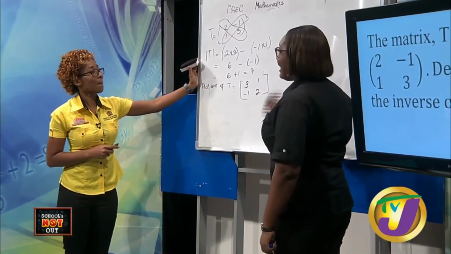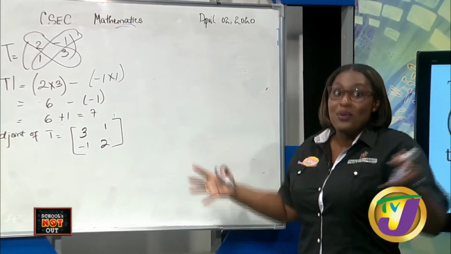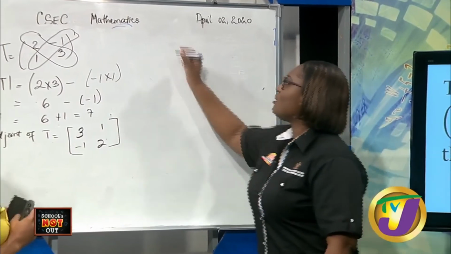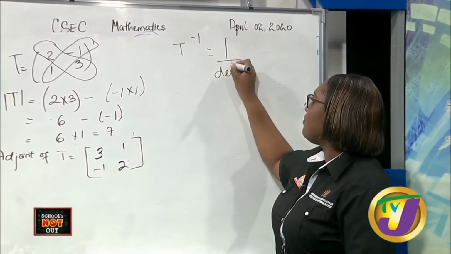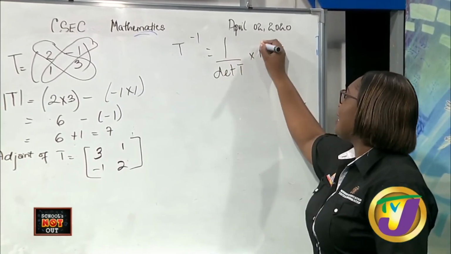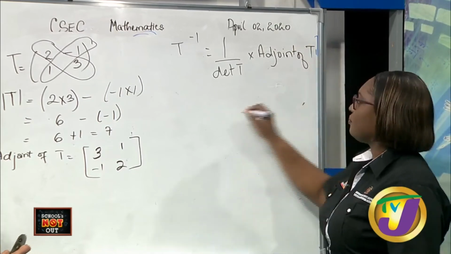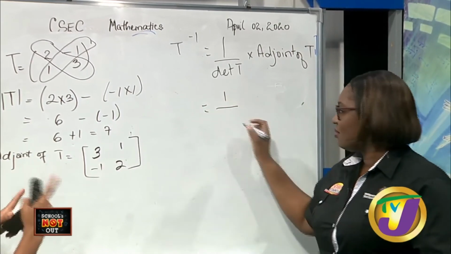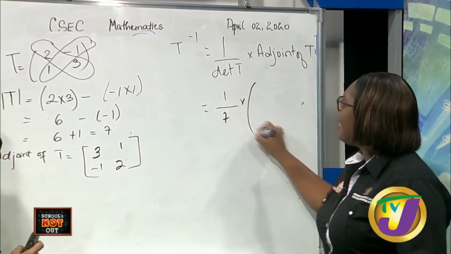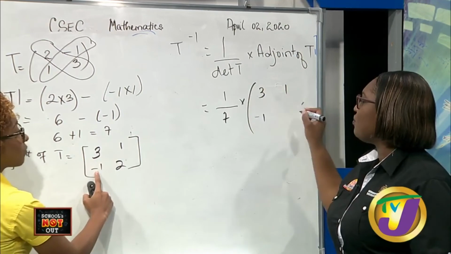All right. So now we need to find the inverse of this matrix by putting everything together. T inverse is simply going to be 1 over the determinant of T multiplied by the adjoint of T. So let's go. The determinant of T was what again? It was 7. And the adjoint is going to be 3, 1, negative 1, 2.